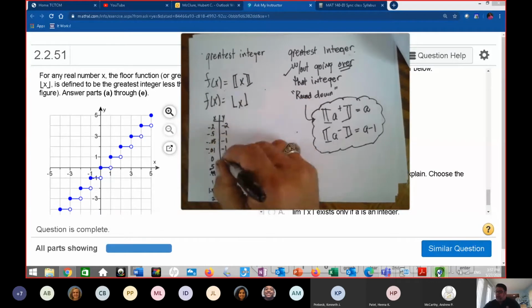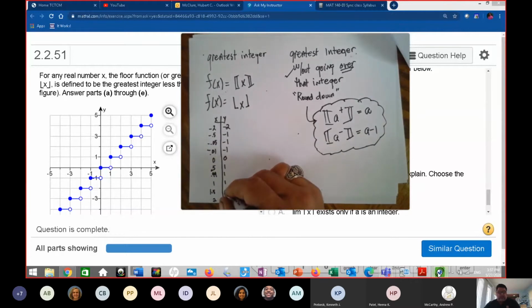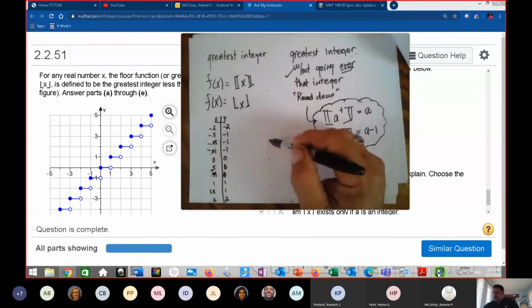And then 0, and then 0.5 would be 0. Oh, I'm sorry, this would be 0. And 1, 1, 1, and that would be 2. And when you graph this, you get the piecewise function.